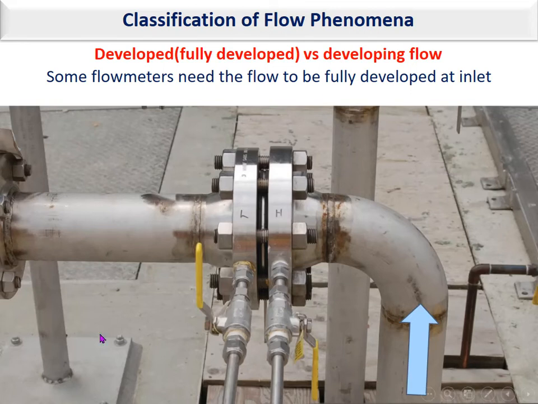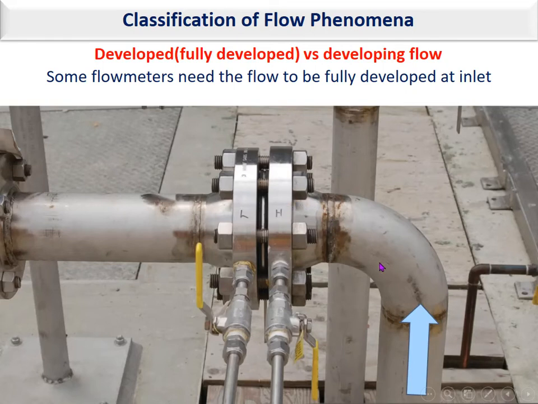The discharge coefficient, which is given in the standards, is based on a condition that the flow before, or as we say, upstream of the flow meter, is fully developed. I repeat, the discharge coefficient of the flow meter, which is given in the standards, is based on the situation that the flow at the upstream of the flow meter is fully developed.